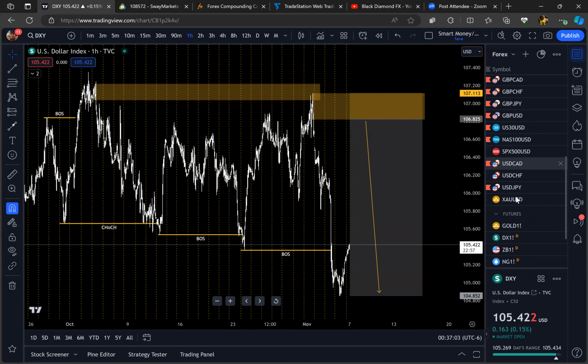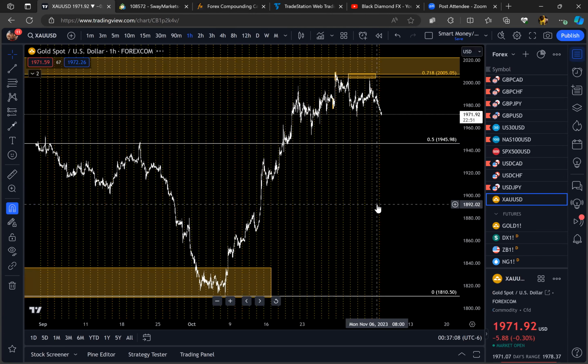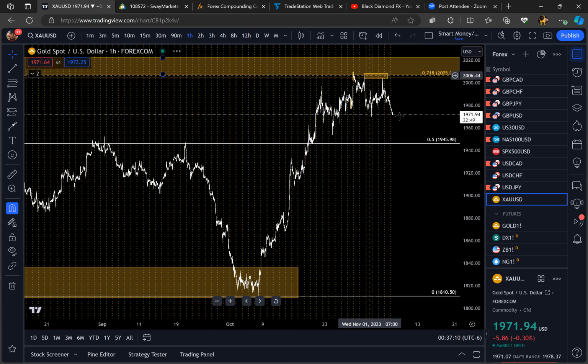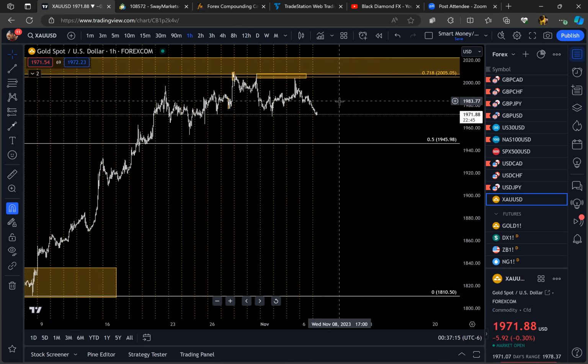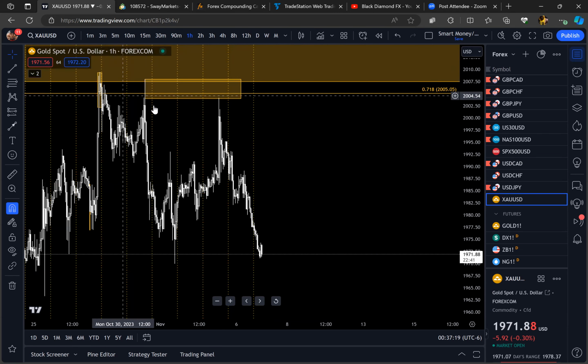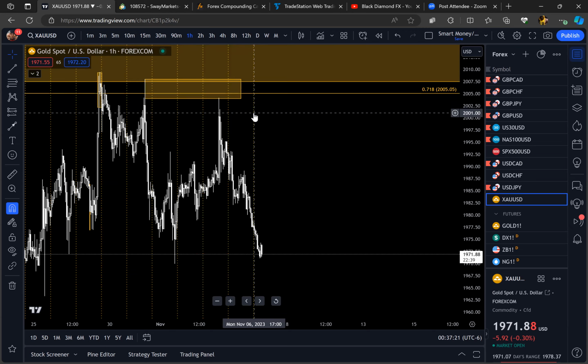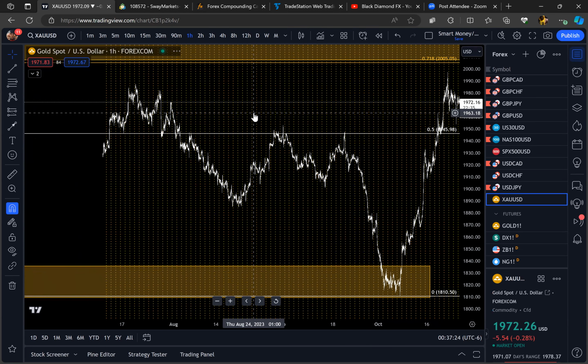And even gold. Now you've got to be careful with gold. I could have had a nice trade on gold from up here, but I didn't take it. I wasn't quite sure. But look, see how it tapped my big zone and my smaller zone right here? And see the Fibonacci that I have on there?